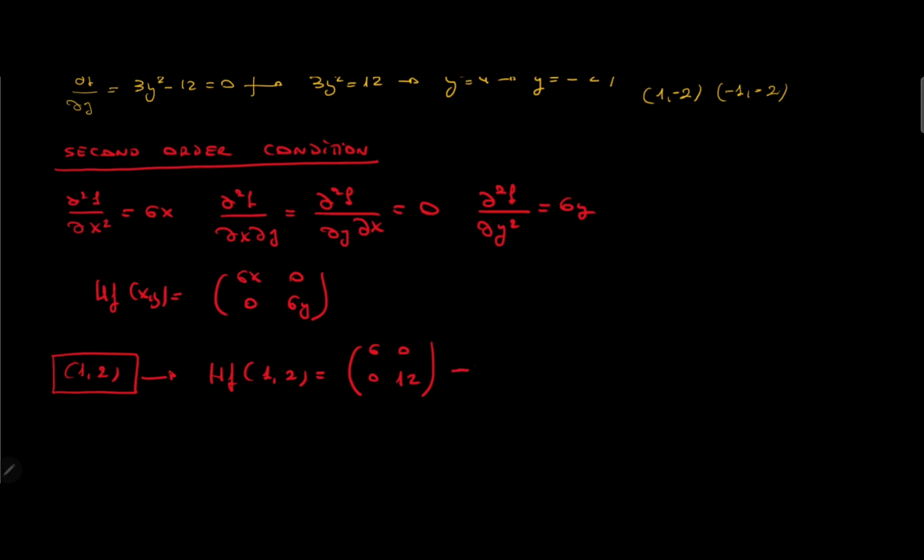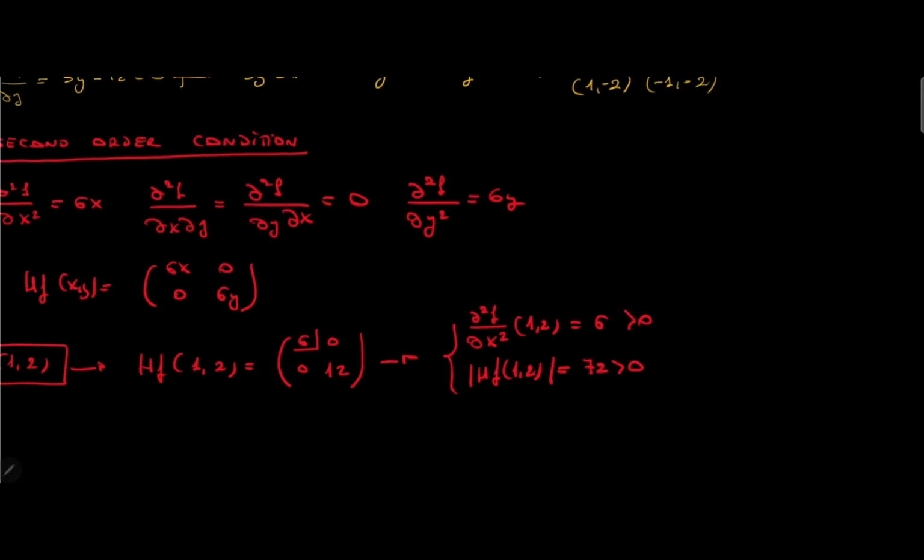In this particular case, the second order partial derivative according to x twice at this critical point takes the value of 6, and the determinant of the Hessian matrix is equal to 72. Both are positive, so the Hessian matrix is positive, and so we have a local minimum.